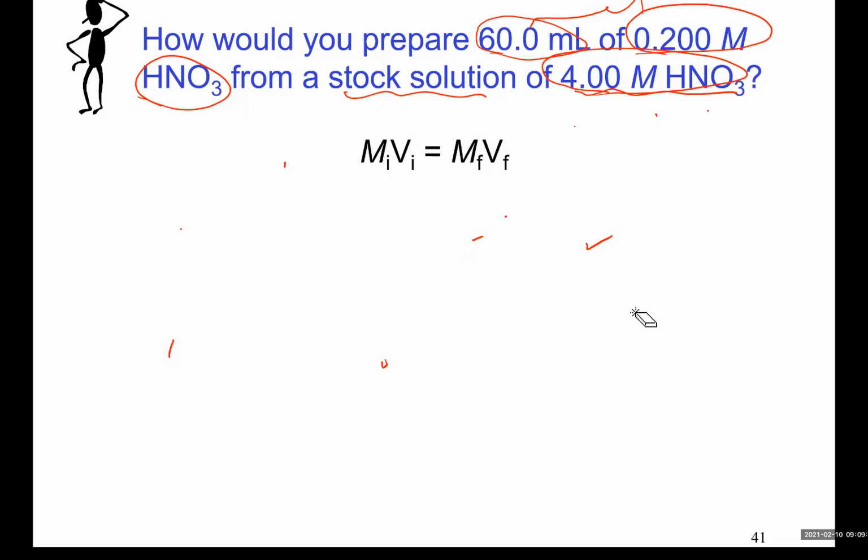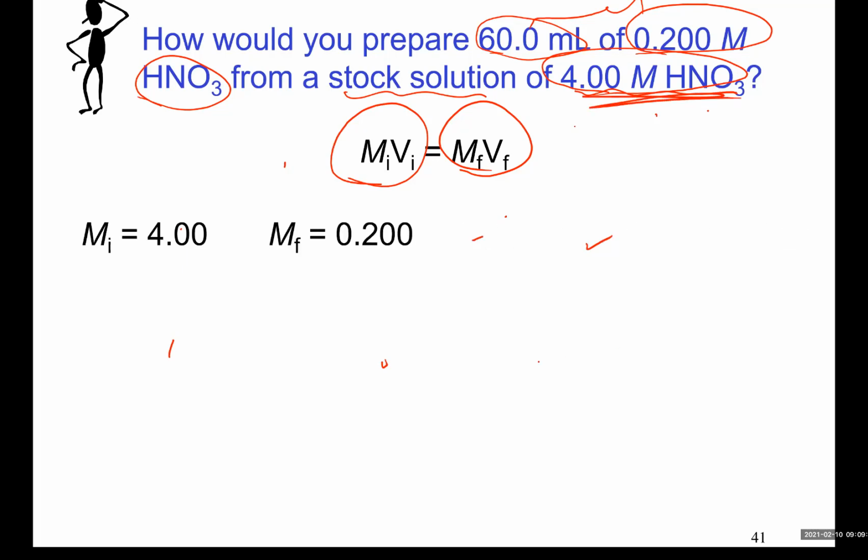Number one, final molarity times final volume is equal to initial molarity times initial volume. So initial molarity, 4 mol per liter. Final molarity is supposed to be 0.2 M. Final volume is supposed to be 60 milliliters.